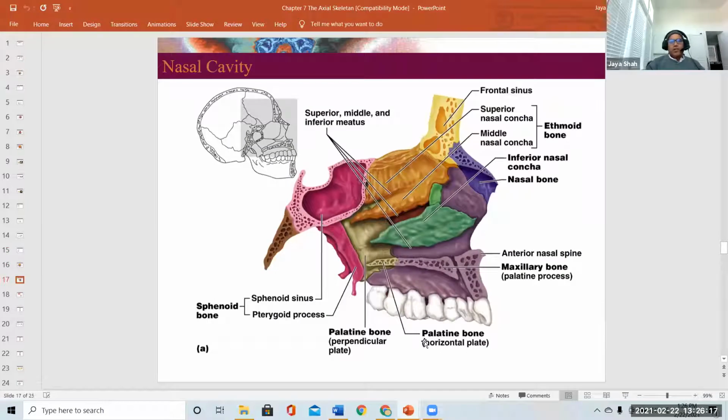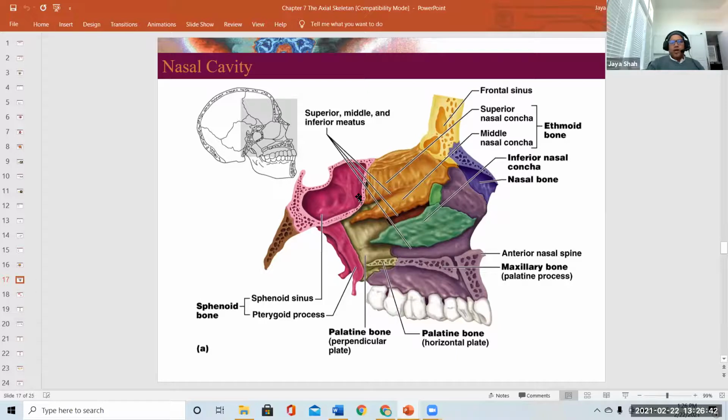Now, some of the important features here. This is the mid-sagittal section of the human skull, and you have cut the medial side of one side of the nostril. So you can see the medial wall of your nose.